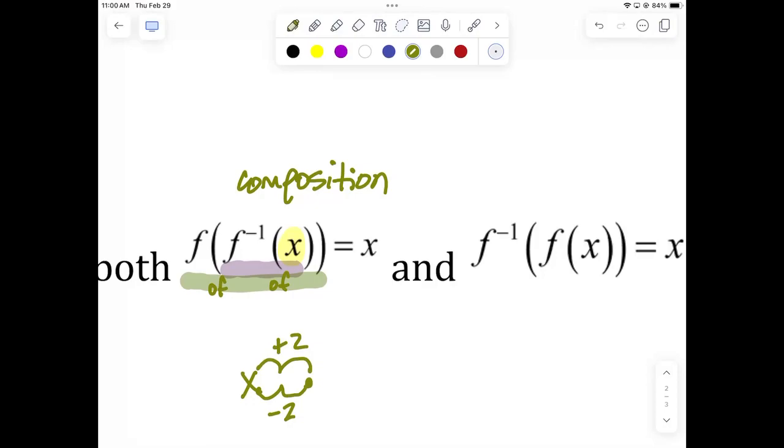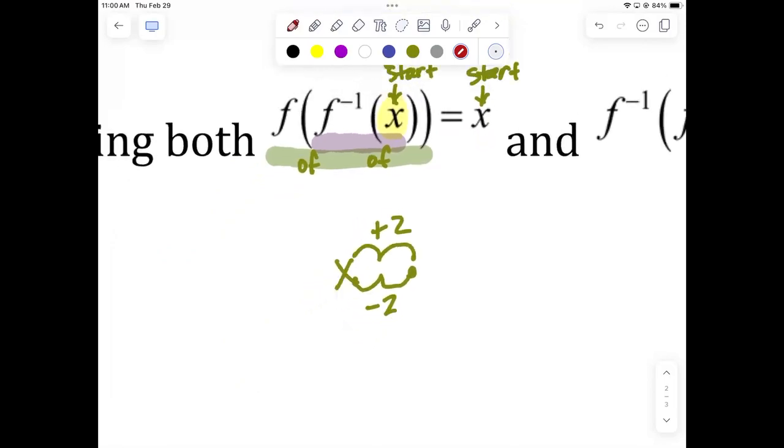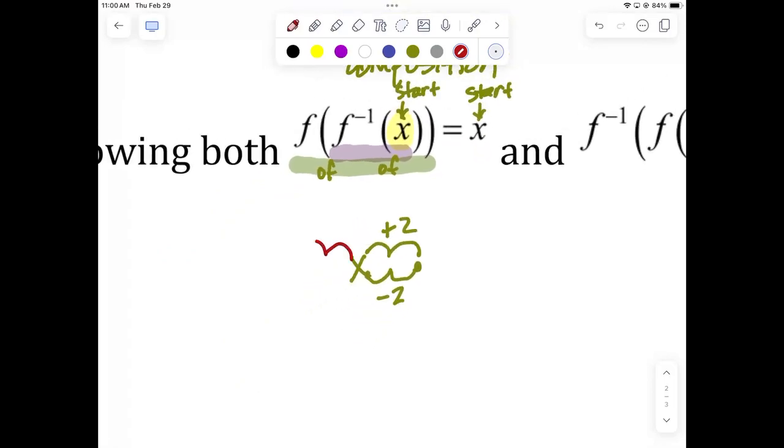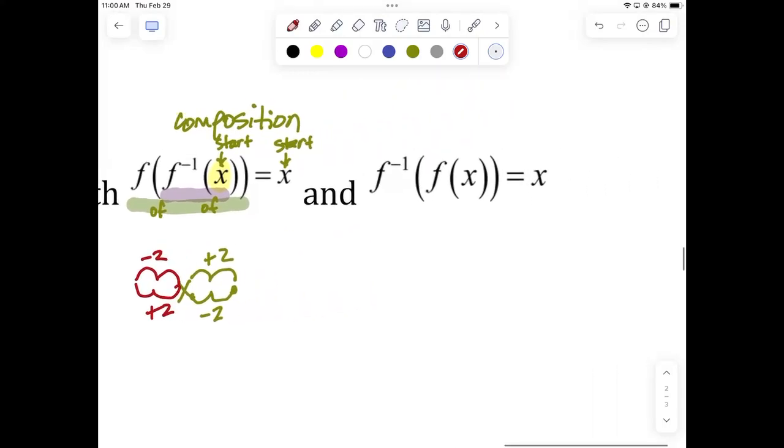That's exactly the same thing with composition. We're starting with x, we apply f inverse to it, and then we turn around and apply f to it. We're back where we started at x. Now, does it matter the order in which we do it? Could I have gone 2 steps to the left first and then 2 steps to the right? Yeah, so the order doesn't matter. So it works here too.